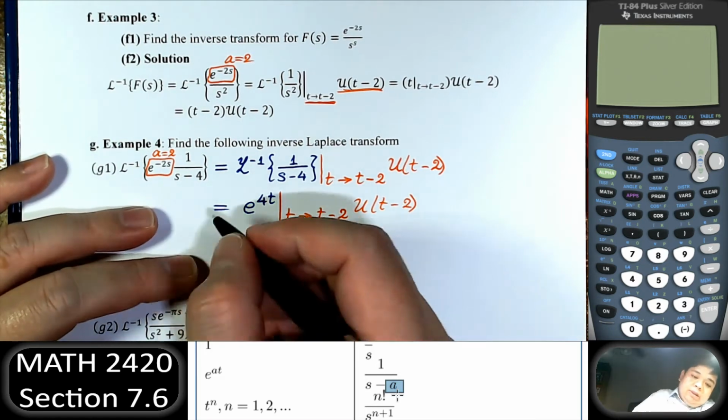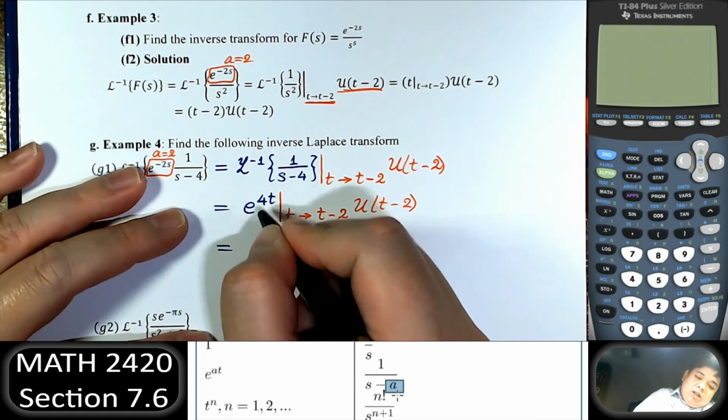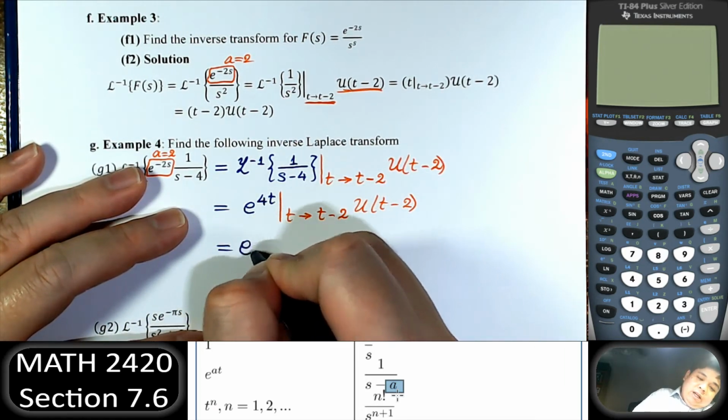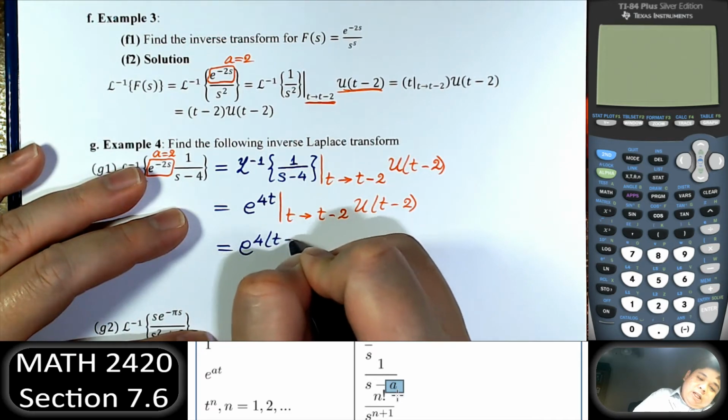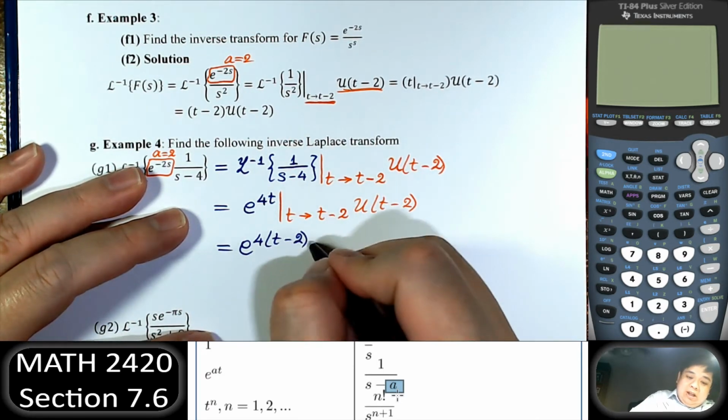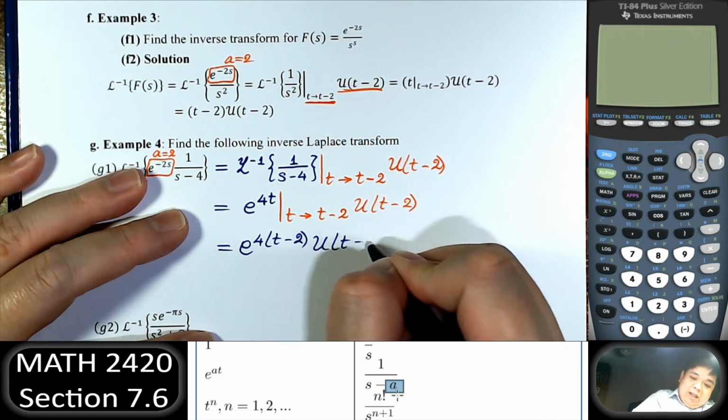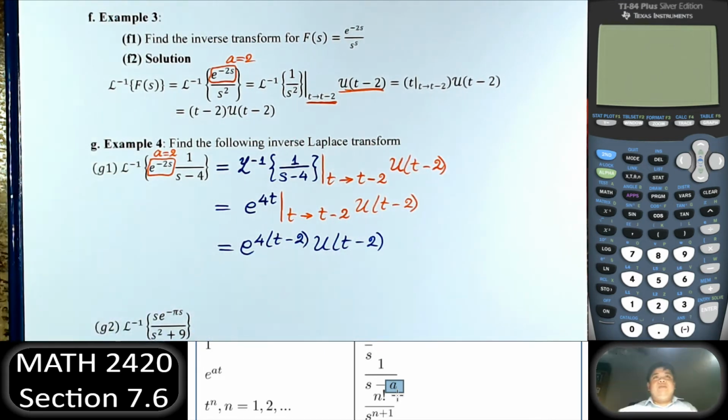So we're going to put t minus 2 in here. We have a to the 4 t minus 2 and then u of t minus 2. Right, simple enough.